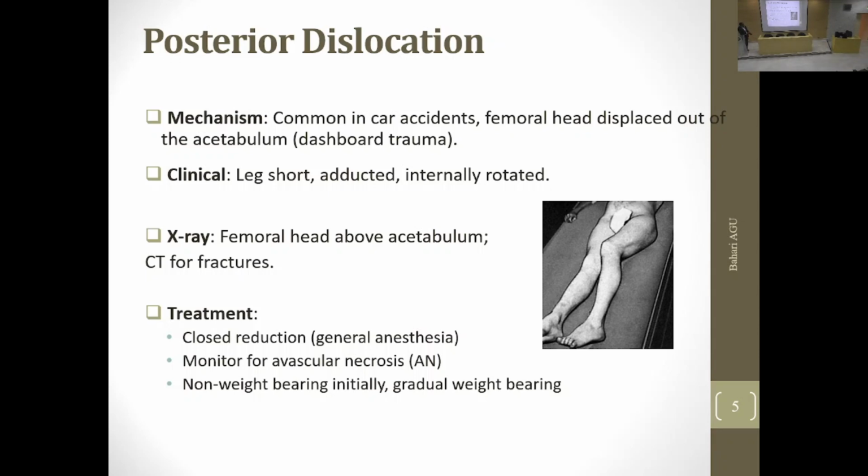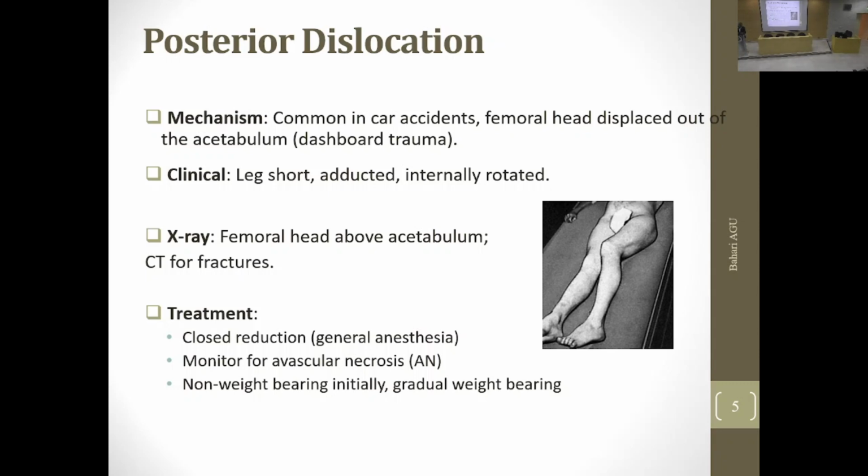Treatment is closed reduction under general anesthesia, as I said, and monitor for avascular necrosis, because the problem here is, if the head of the femur is outside of the joint for more than 6 hours, there is a risk to the head, because the blood supply will be affected, and that will lead to avascular necrosis.